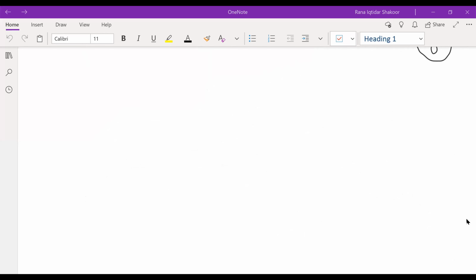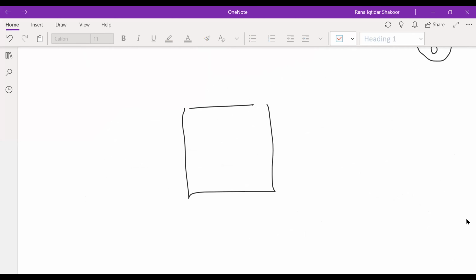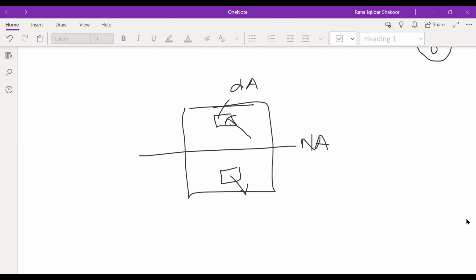Now, for example, this is the section. This is the neutral axis, and this is a small dA, right? A small part, that is dA, and this is above the neutral axis, so stresses will be going in because that will be under compression, and here the stresses will be coming out because this part will be in tension.